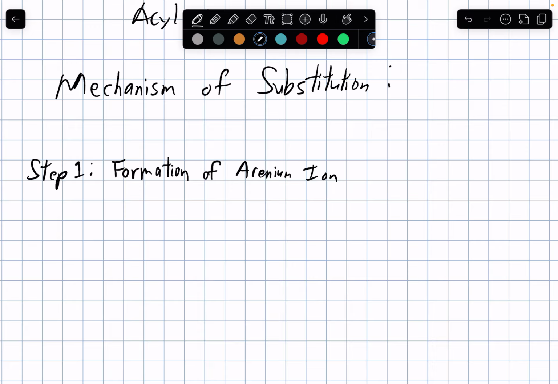Let me just clarify something. What is the difference between benzene and arene?